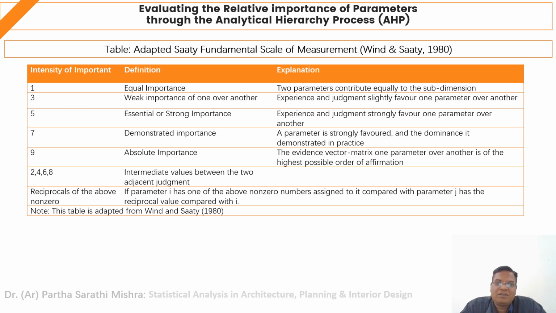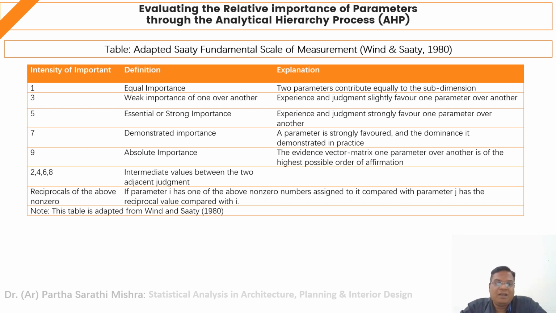We don't have any doubt. The evidence favoring one parameter over another is of the highest possible order of affirmation. If you don't know, or in between we have a problem, then we can also use 2, 4, 6, 8 in the table.